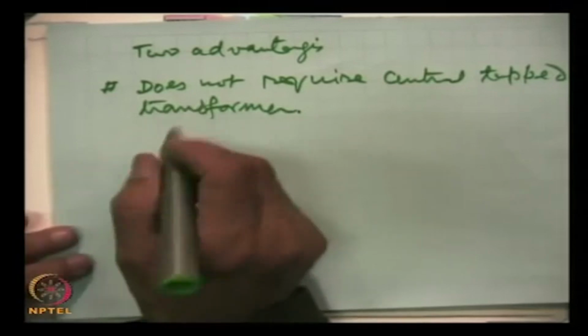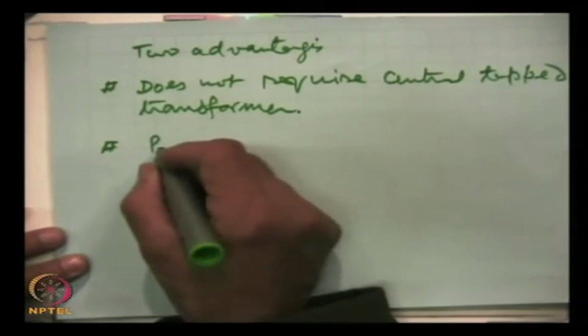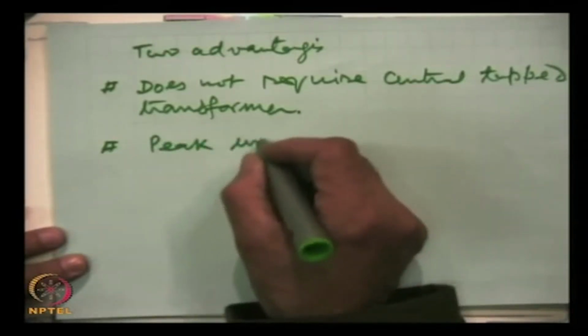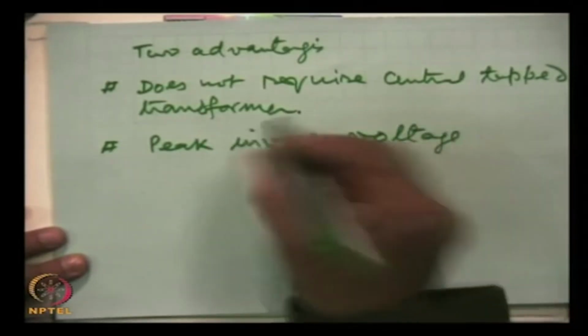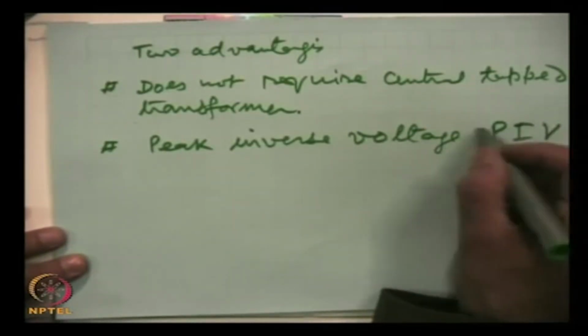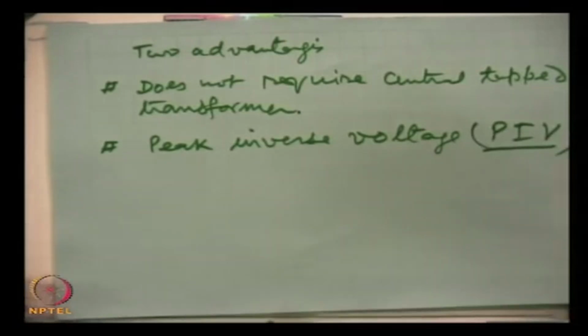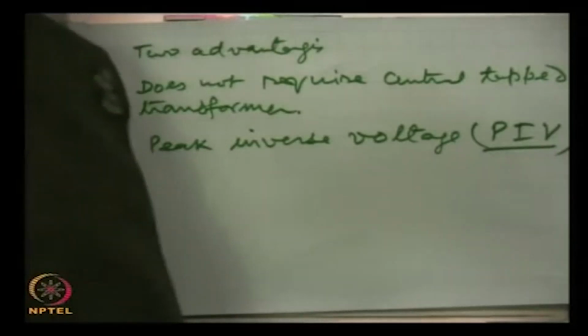Second thing is what we call peak inverse voltage, PIV. That means the maximum reverse voltage to which the diode is subjected during the cycle is known as peak inverse voltage, and there is a limit.